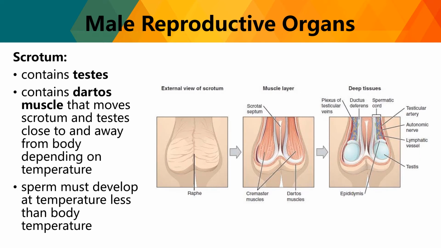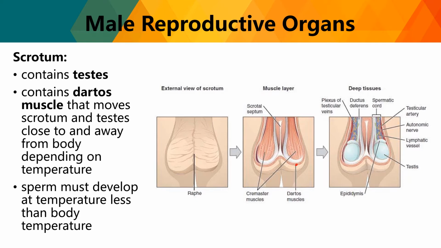In the male reproductive organs, first let's start with your scrotum. It contains your testes inside. It contains your dartos muscle. This dartos muscle moves the scrotum and the testis close to and away from the body depending on the temperature. Basically, it draws your scrotum and your testis towards your body, especially when it's cold.